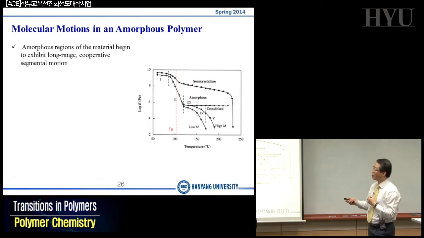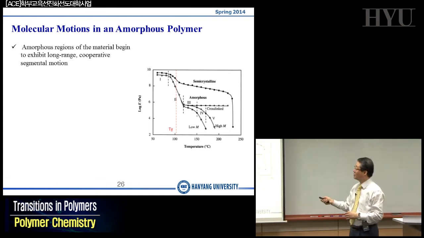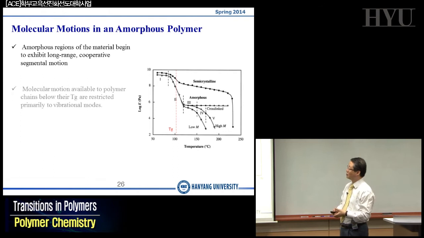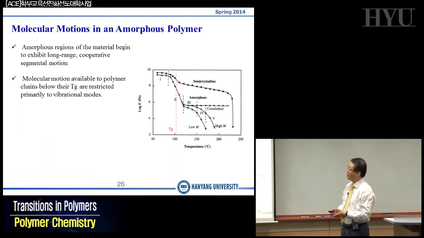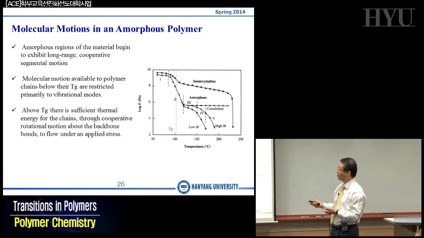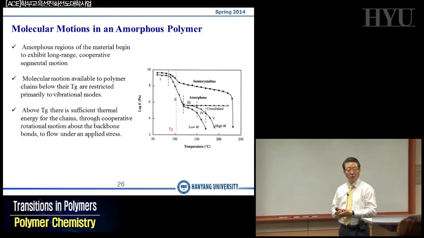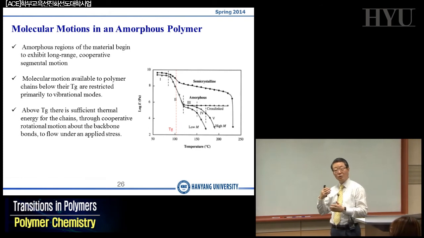So a segmental motion is one where you have some motions, but it's regarded as long-range cooperative segmental motions. This molecular motion is available to the polymer chain above the glass transition temperature, and it is restricted below the glass transition temperature. However, if you increase the temperature, the thermal motion increases the chain interactions, so these cooperative rotational motions become available, and the material will flow upon applying stress.